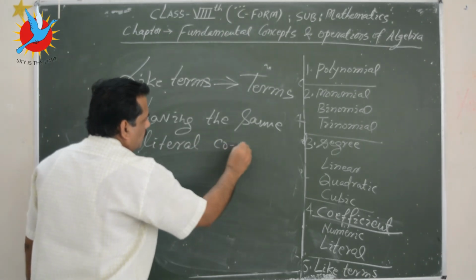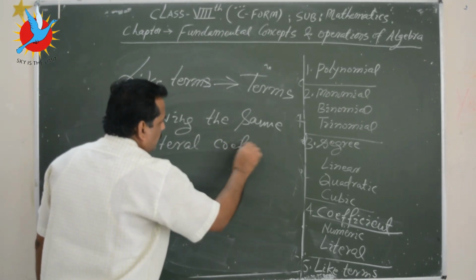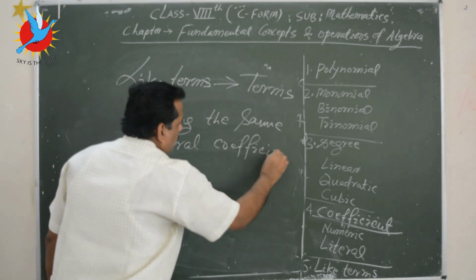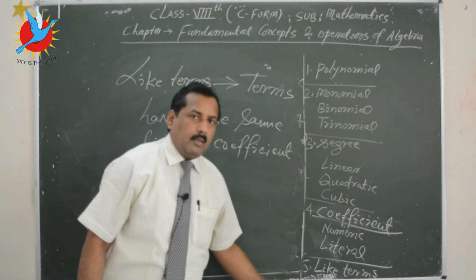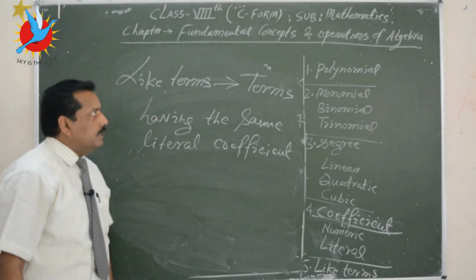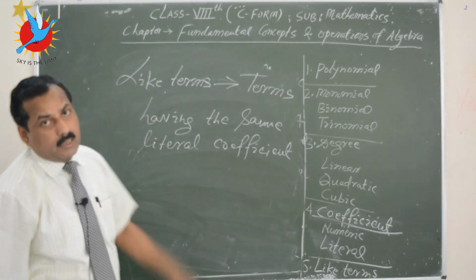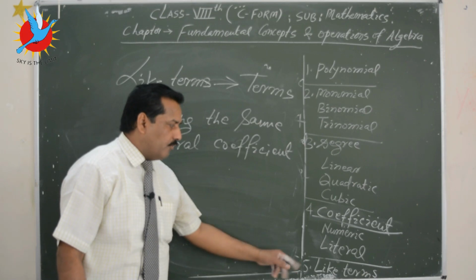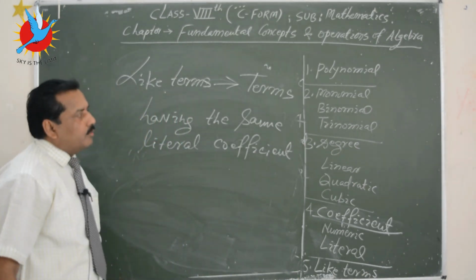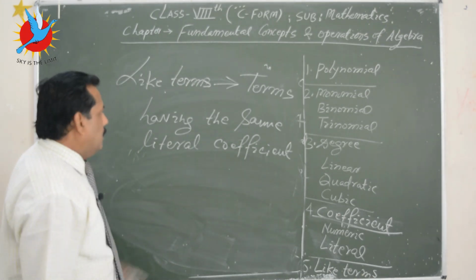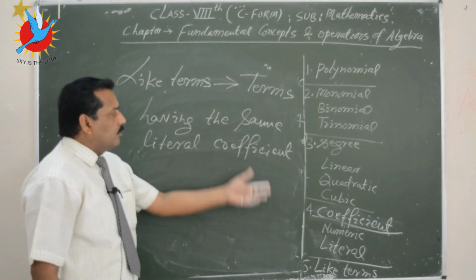This is an important term, like terms. We have to identify them, because in algebraic expressions, while adding and subtracting, we shall follow that only like terms are added or subtracted. So how to identify like terms? Terms having the same literal coefficient.